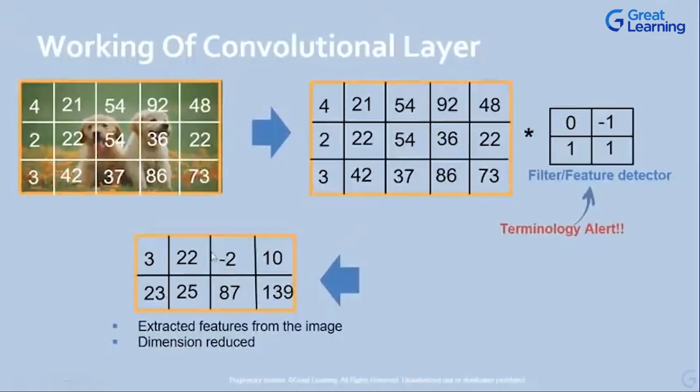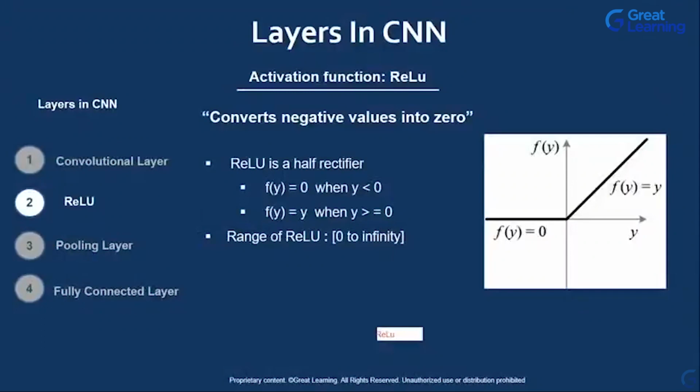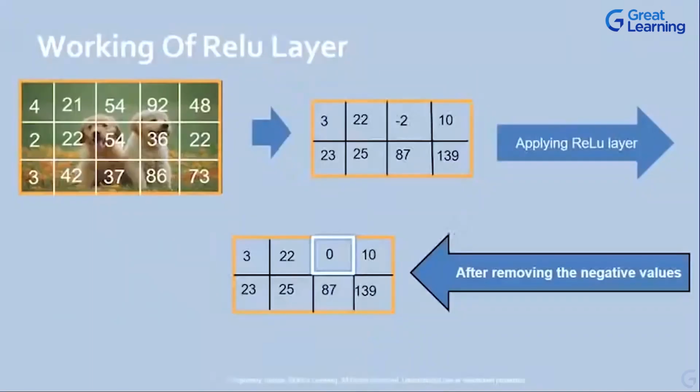In the case of -2, we can say there is no feature, so there is no point in using it, and we can convert it to 0. This is how we use the ReLU layer. Whatever our pixel value is, we can say some feature is there in our image. This is why we use the activation function.